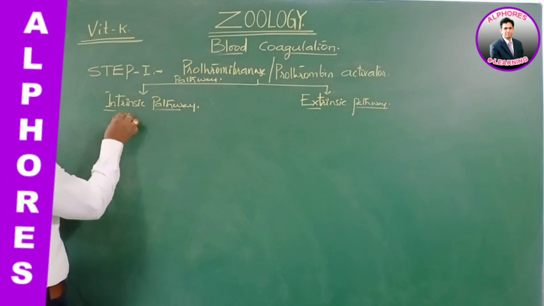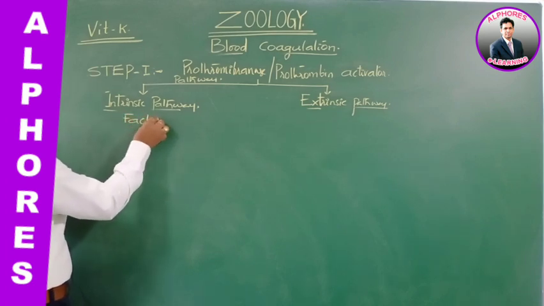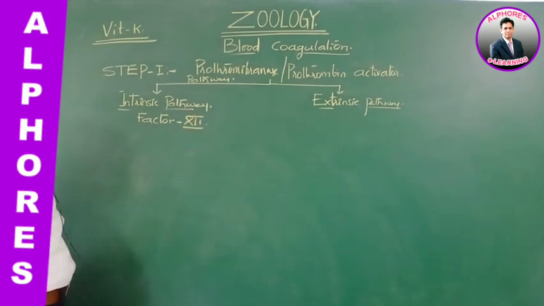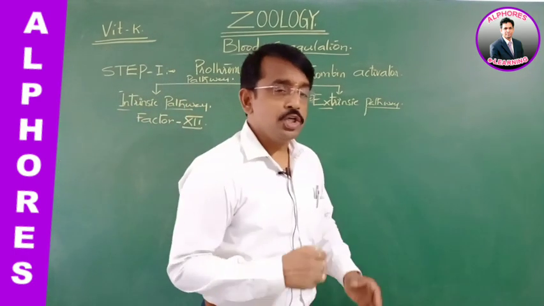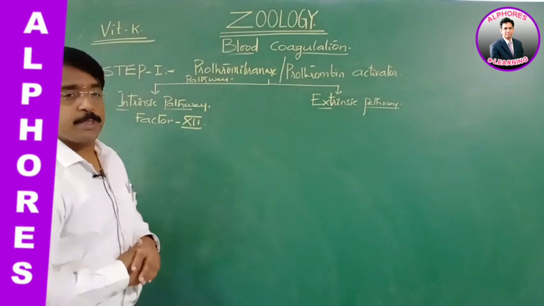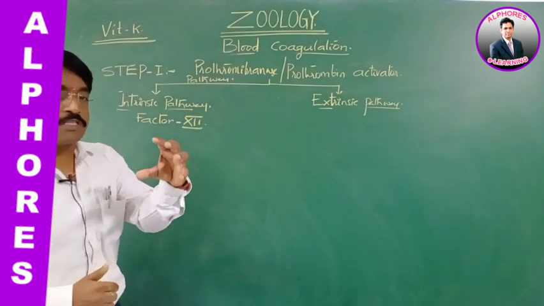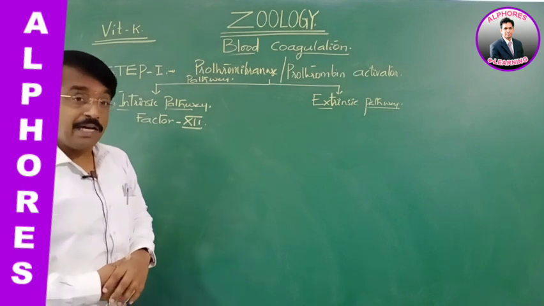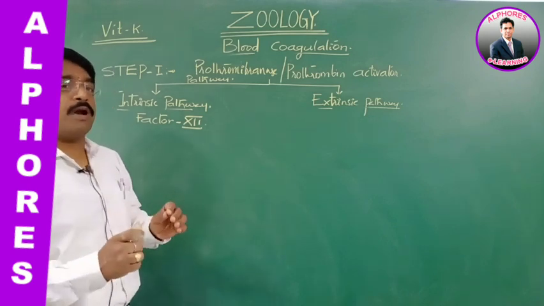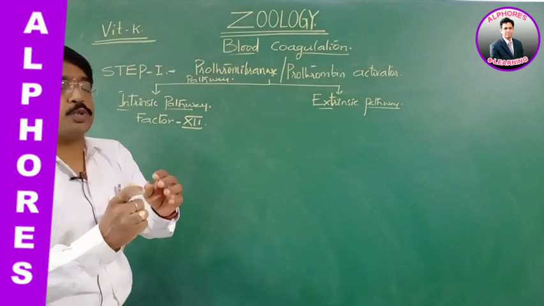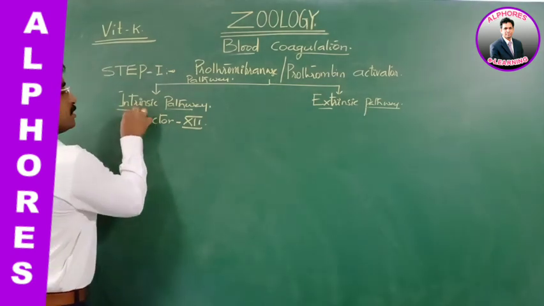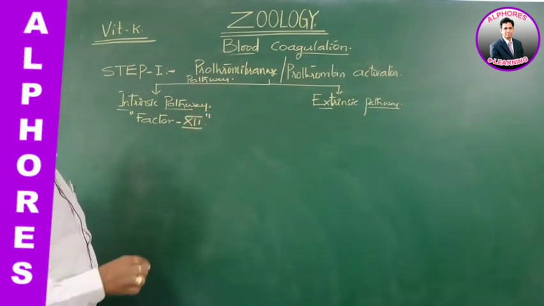initiated by factor 12, Hageman's factor, when injury takes place to the blood vessels. Collagen fibers are exposed to the blood, and these collagen fibers of the injured blood vessel, when exposed to blood, activate factor 12.